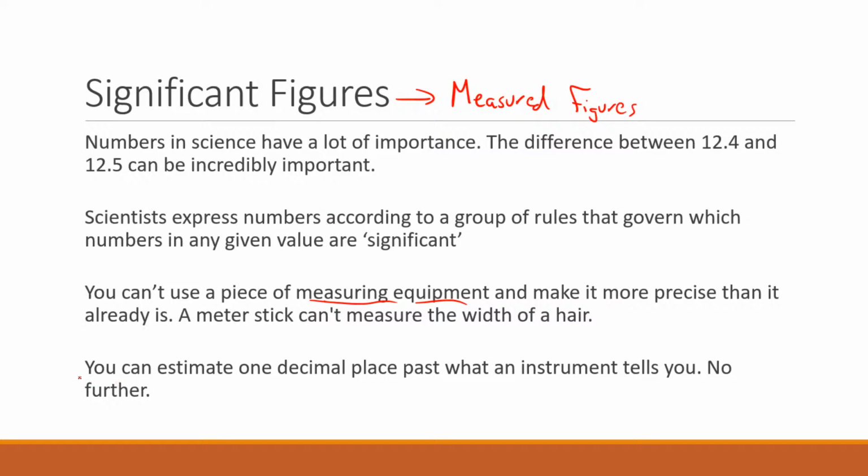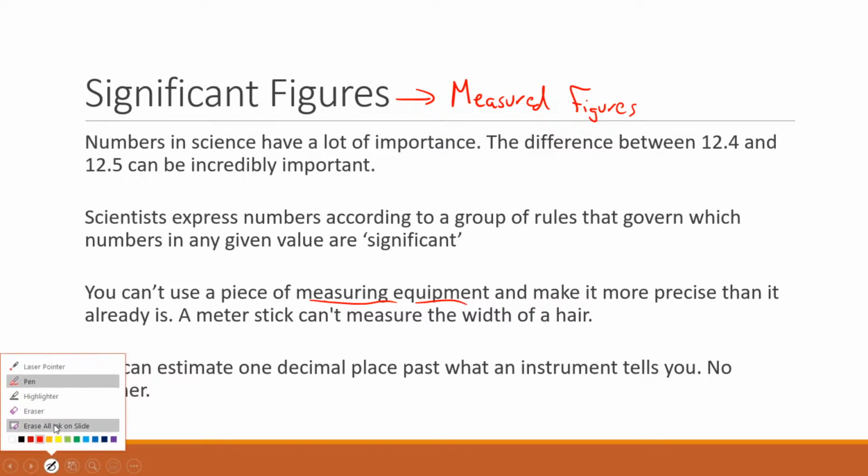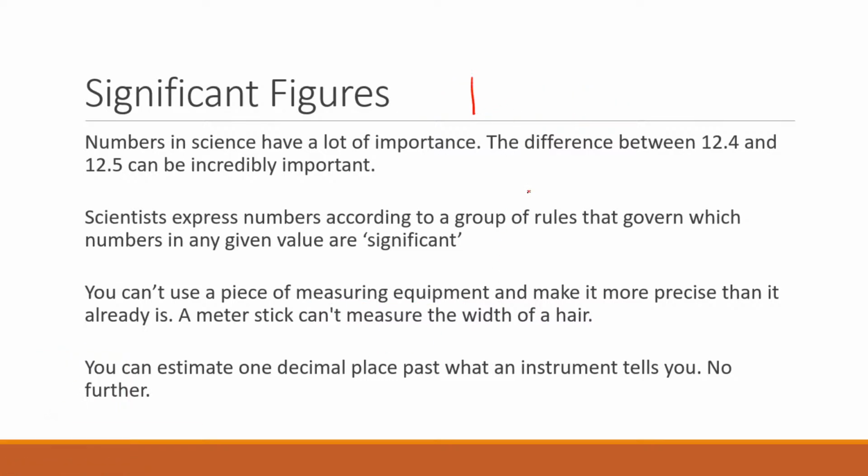And the second important rule is that you can only estimate one decimal place past what an instrument tells you. What that means, and I'll show you with an example, is that if I have a ruler that gets a 12, 12.1, 12.2, 12.3, 12.4, 12.5, 12.6, 12.7, 12.8, 12.9, 13, and then it keeps going.